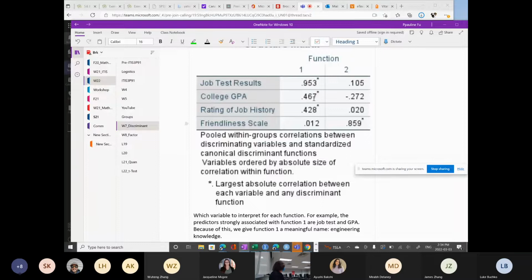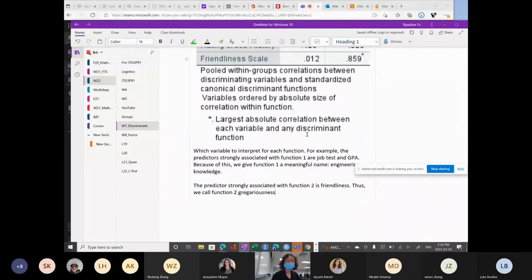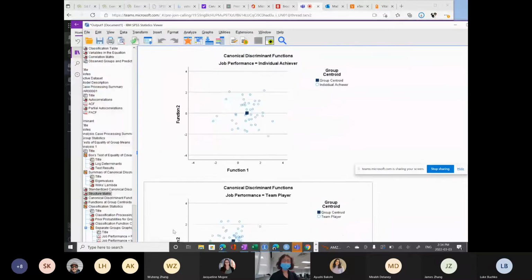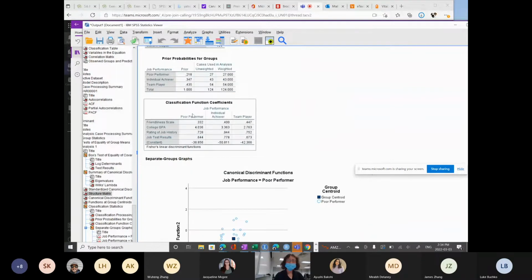Any other questions? All right, so this is the structure matrix table. Okay, we turn back to our output here. The last table I need to explain is the classification table. Classification function.